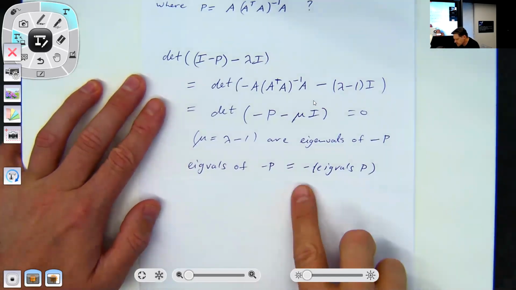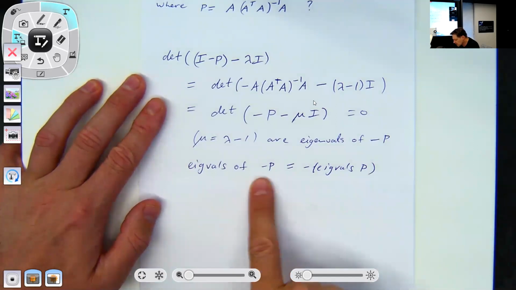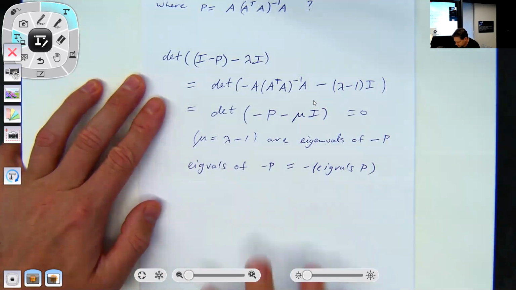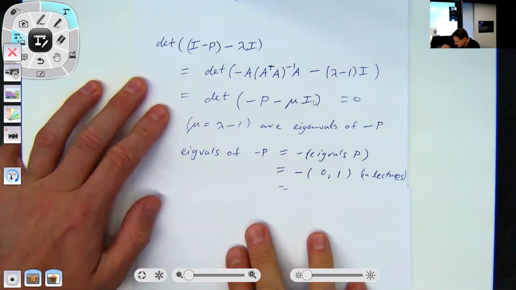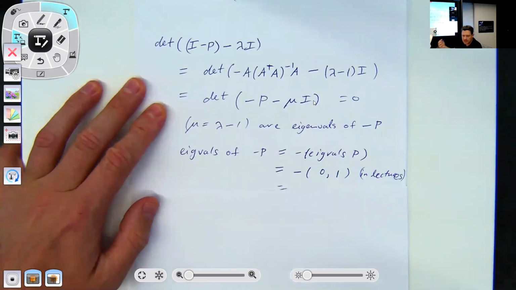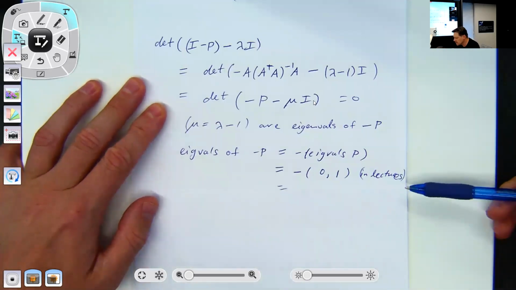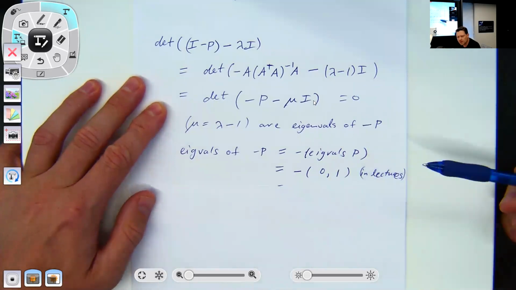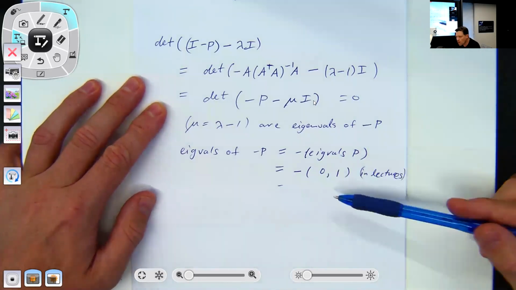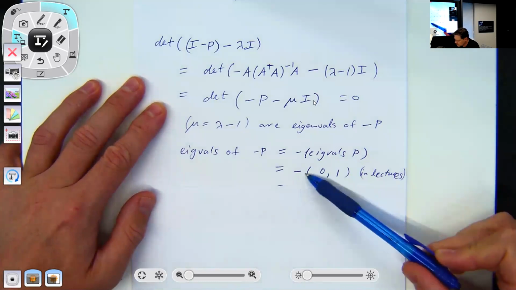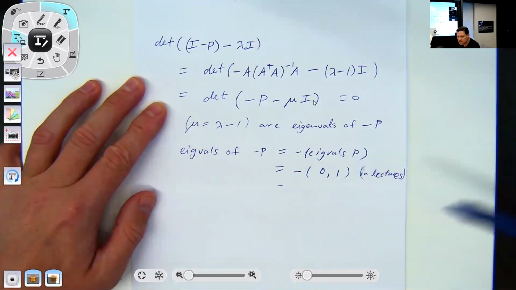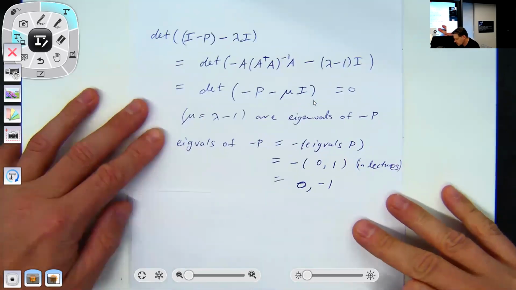So yeah, the eigenvalues of minus P are minus the eigenvalues of P. And since in lectures you worked out what the eigenvalues of P were, in other words, just 0 and 1, now we just multiply this through by minus 1, and so we get 0 and minus 1.